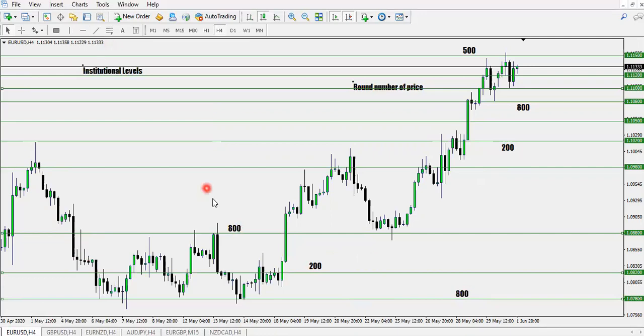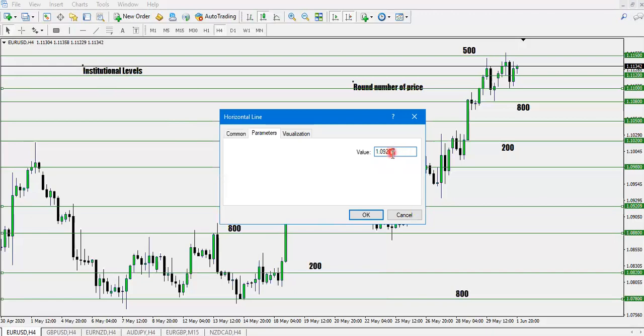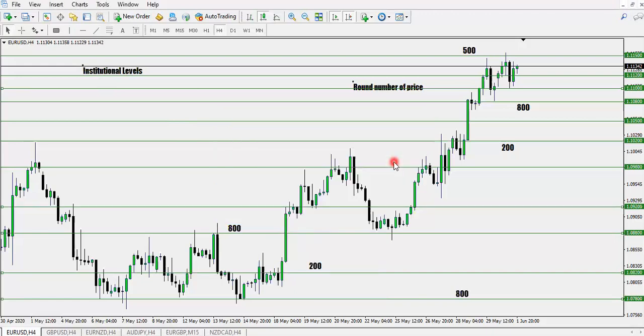If we continue to follow price up, you'll see that it rallied up, and if we just mark up here is our 200 price level. So that is our 200 price level.